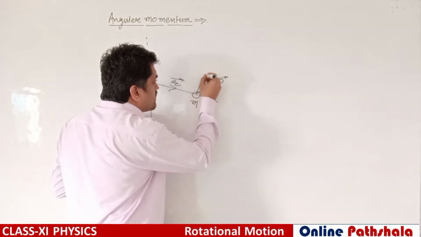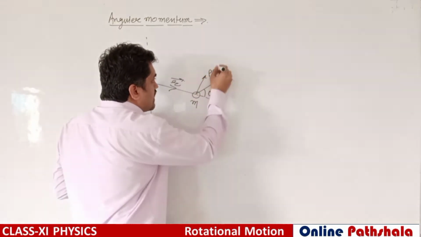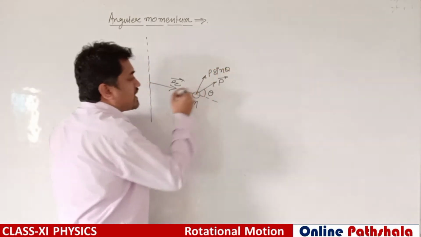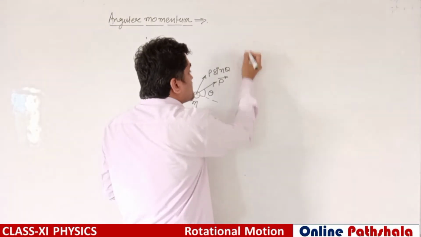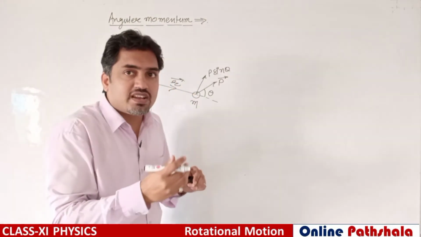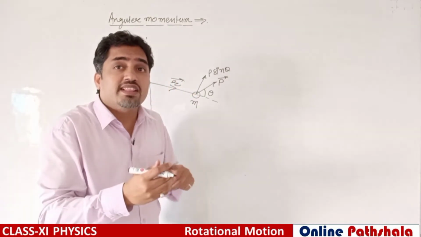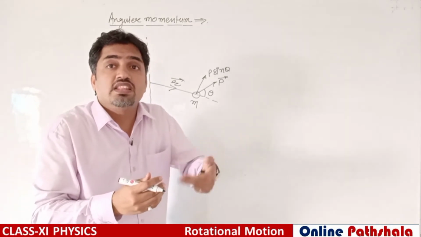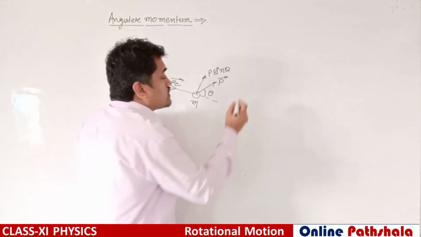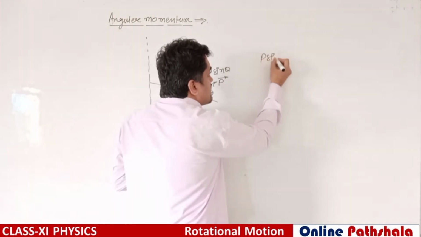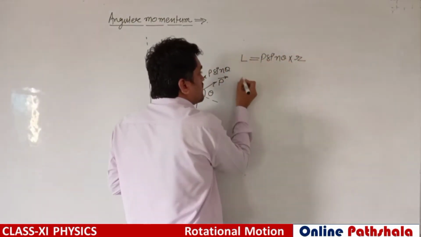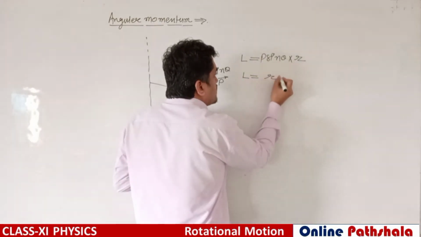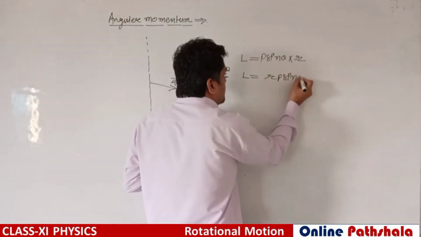If we are resolving this p perpendicular to this r, what is the meaning of moment? We are multiplying the perpendicular distance with linear momentum. So this p sin theta into r is called L. L is r into p into sin theta.